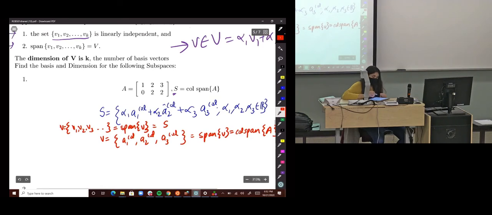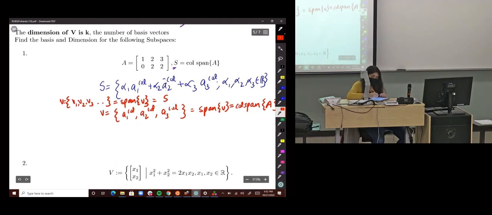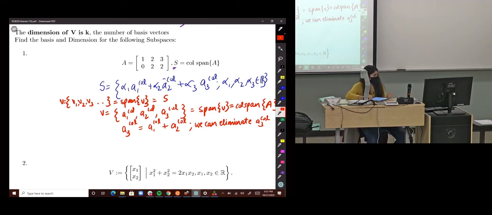Next thing is, I want the set to be linearly independent. So from here, I know that the third column can be written as the first column plus the second column. So we can eliminate the third column and not lose anything because it's a linearly dependent column.